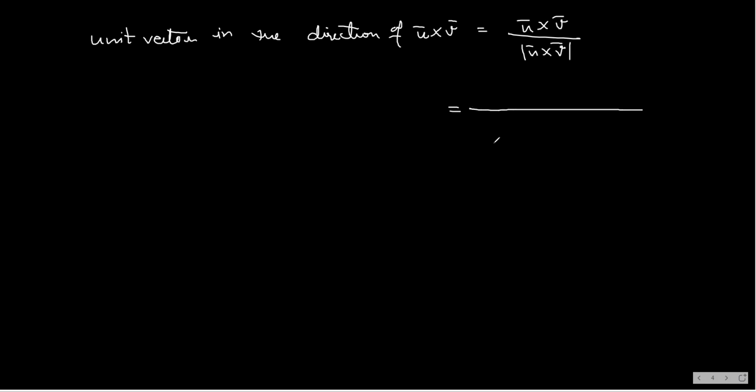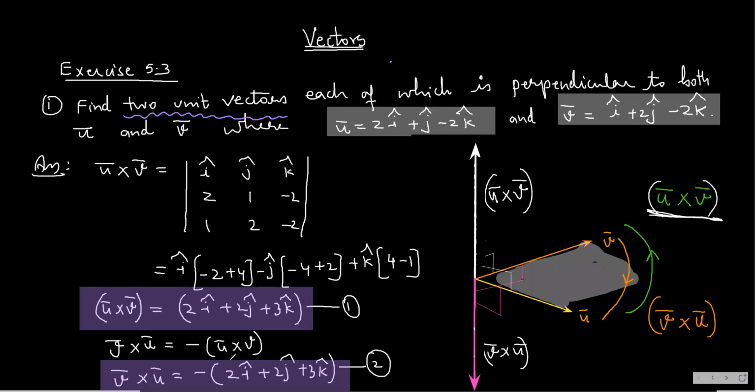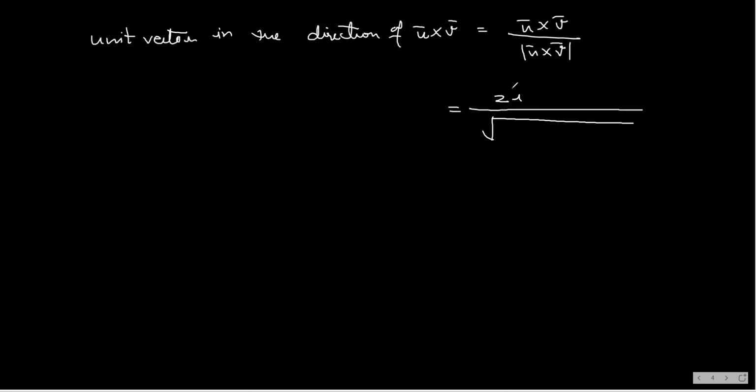What is u bar cross v bar? It is 2, 2, 3, right? So it is 2i cap plus 2j cap plus 3k cap, upon mod of this, that is square root of 2 square plus 2 square plus 3 square.